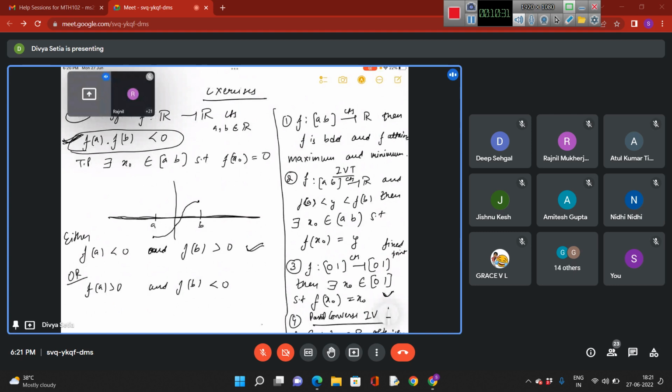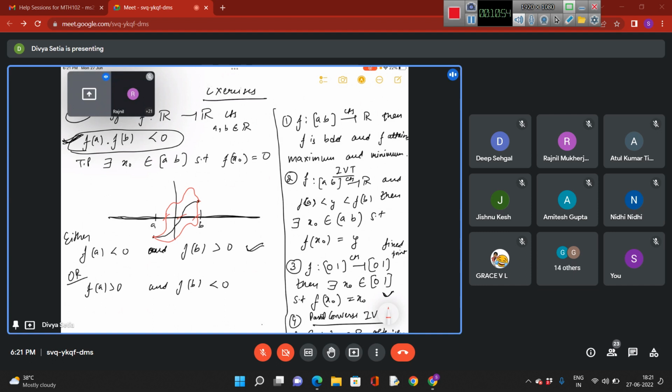It is not possible for the function to reach from this point to this point without cutting the x-axis. So did you understand what I'm trying to say? However you draw a continuous function, it has to cut the real line somewhere because it's a continuous function.